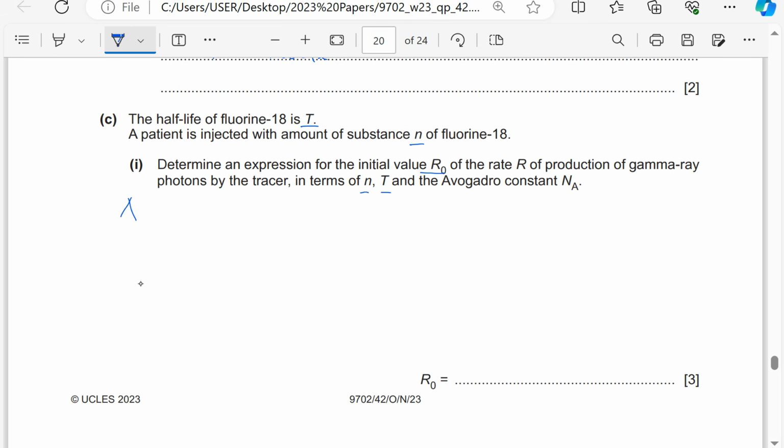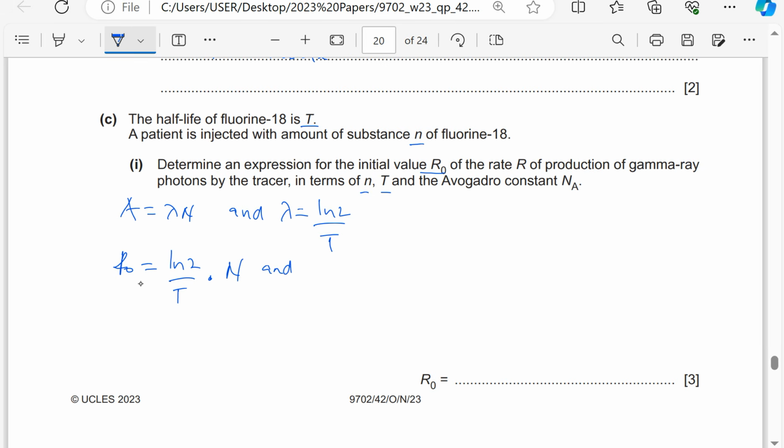So we know that activity is equal to lambda times N. And we also know that the decay constant lambda is equal to ln 2 divided by half-life T. They have told us the half-life is T. So the initial activity is R naught, so I'll simply say R naught is equal to ln 2 over T, then times N.